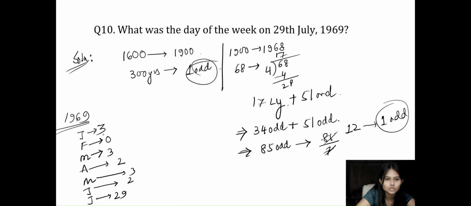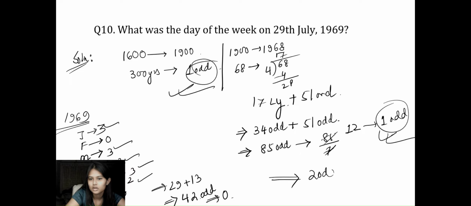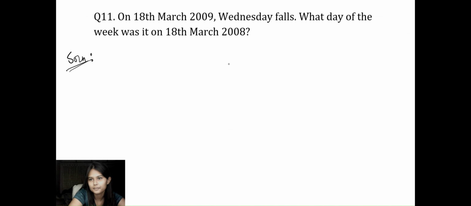June is 2. 29 plus 13, 42 odd days. We get 0 odd days from here because 42 is 7 sixes. So we got 0 remainder. We get only 2 odd days. So 2 odd days gives me what? Sunday is 0 odd day. Monday is one odd day, Tuesday is two odd days. So Tuesday. This date was a Tuesday.